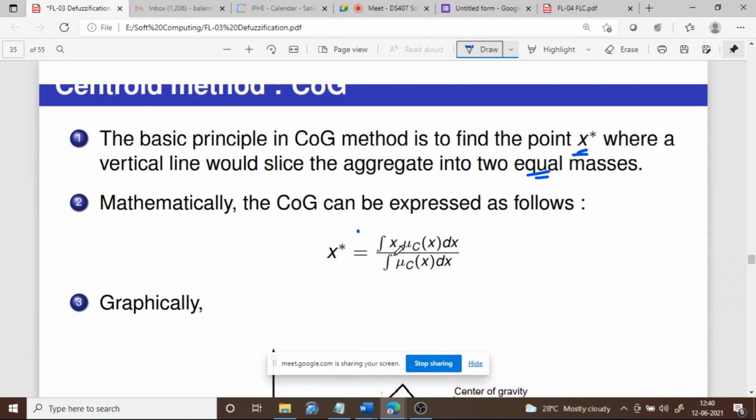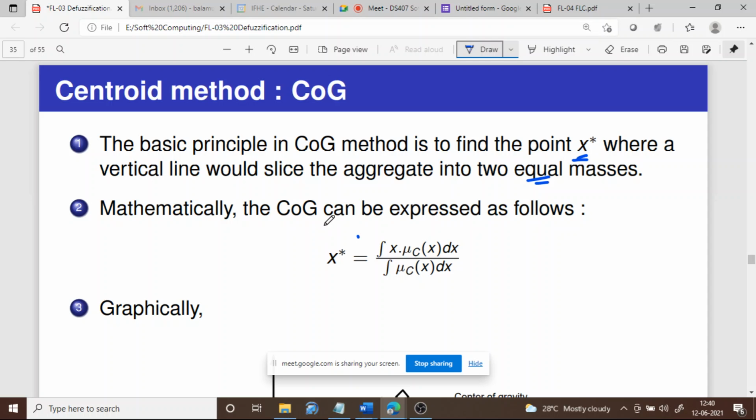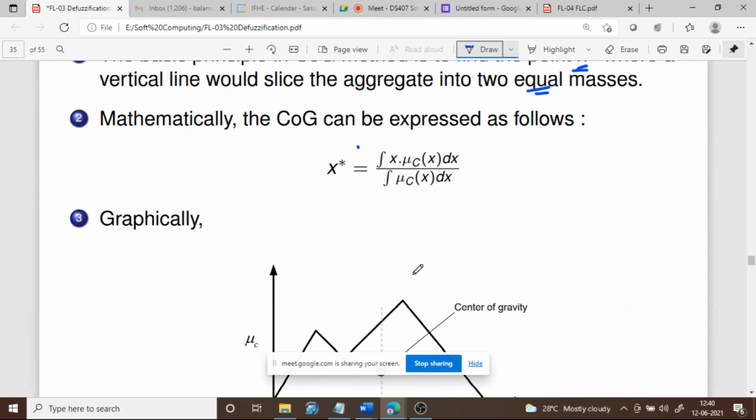Mathematically, the center of gravity method can be expressed like this: x star is equal to the integration of x times the membership function of x dx, divided by the integration of the membership function of x dx. We'll discuss this with an example, but just try to understand this as a formula.